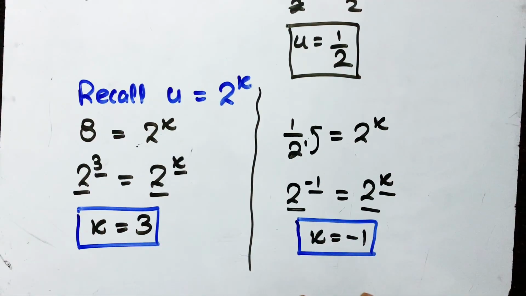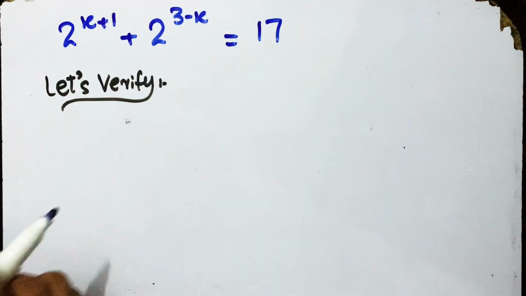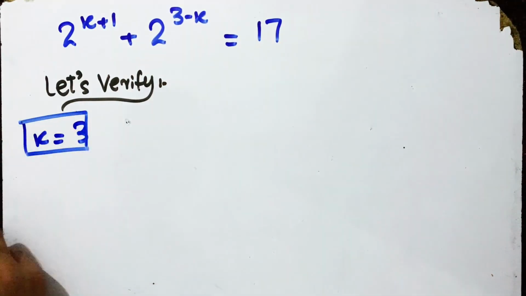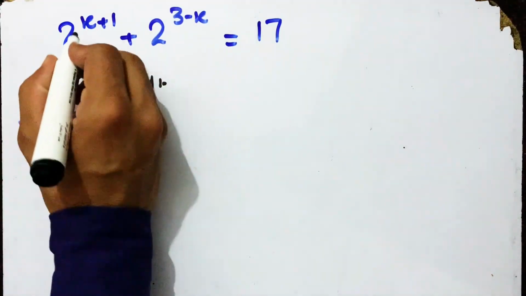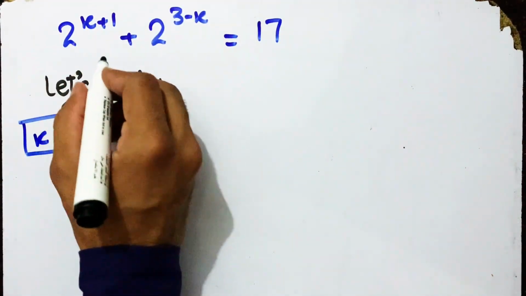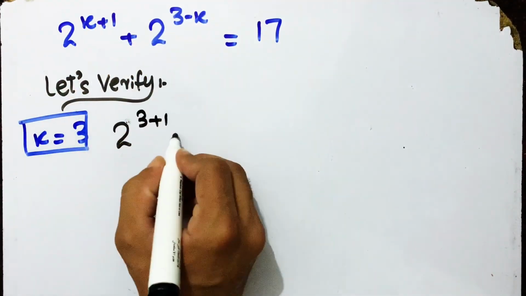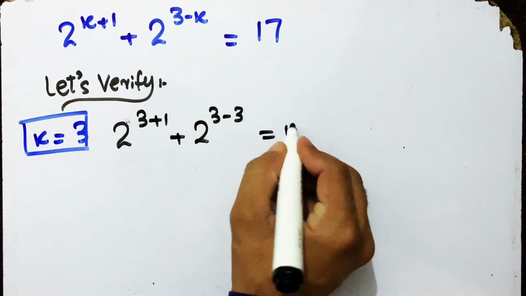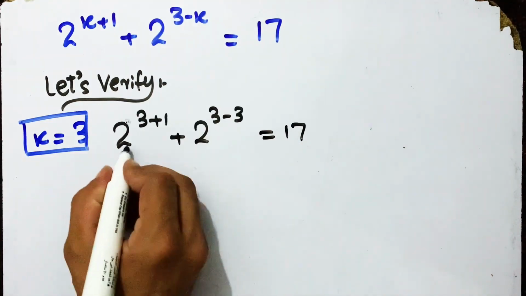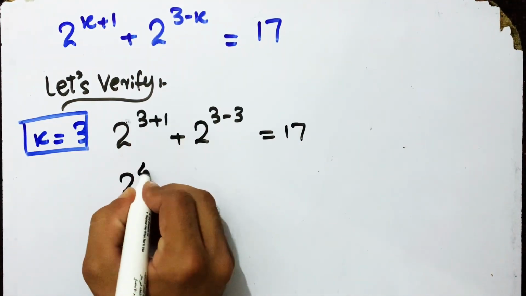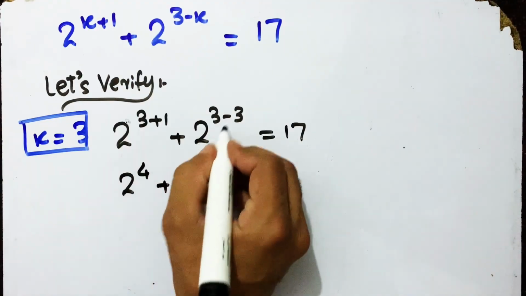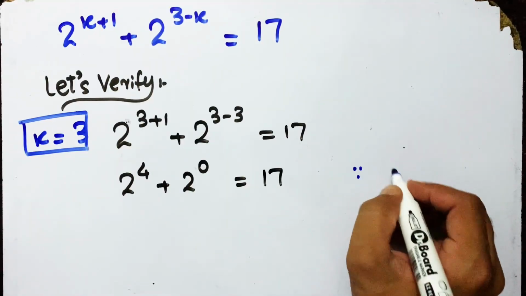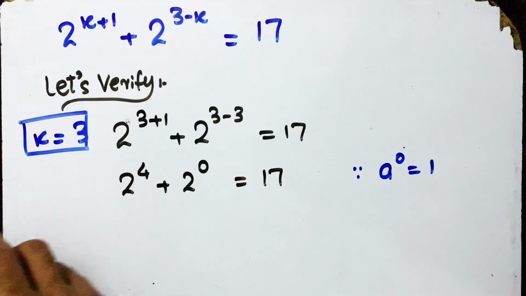So let's verify whether the solutions are possible or not. Let's verify at x equals 3. Put x equals 3 in the equation: 2 to the power of 3 plus 1, plus 2 to the power of 3 minus 3, equals 17. So 2 to the power of 4 plus 2 to the power of 0. Anything to the power 0 is 1.